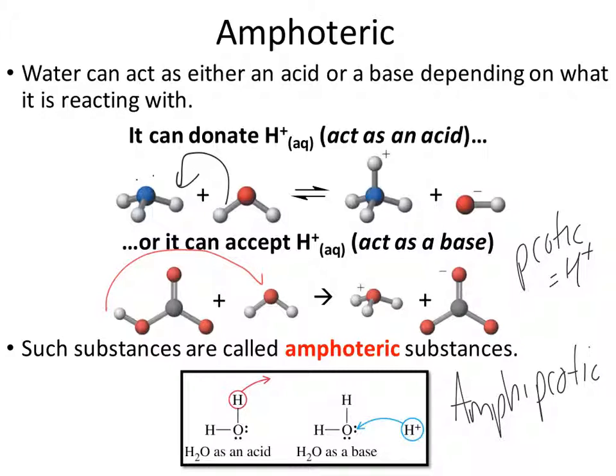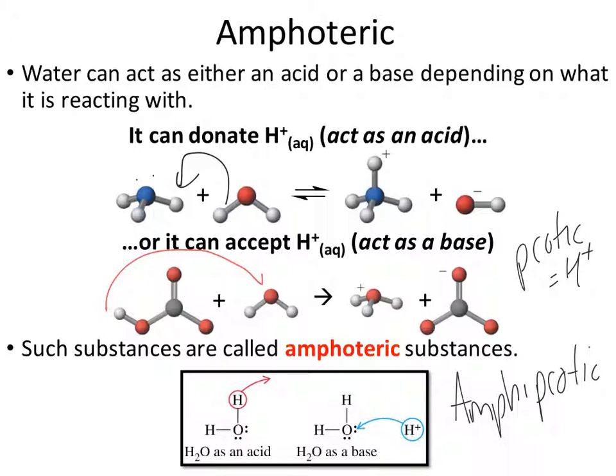But the reverse is not always true, especially when it comes to Lewis acids and bases. So some species can act as acids and bases, but by accepting and donating electrons, they don't actually exchange any protons. And therefore, they are amphoteric, they act as Lewis acids and bases, but they are not amphiprotic because they don't accept or donate protons.